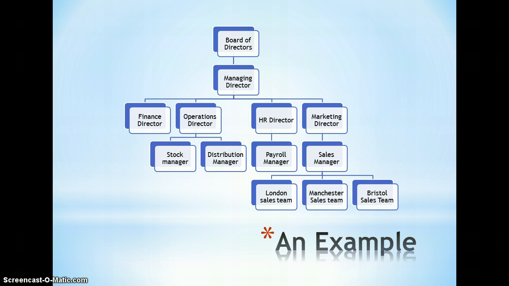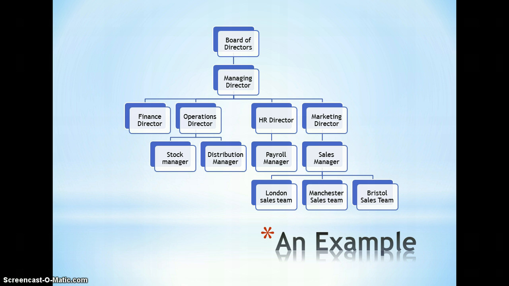The closer you are to the top, the more power you have, and also it's probably talking about one person, where the further to the bottom you are, you might be grouped together in a team, as we can see here. So the board of directors and the managing director at the top, they run the business, the managing director taking ultimate responsibility.